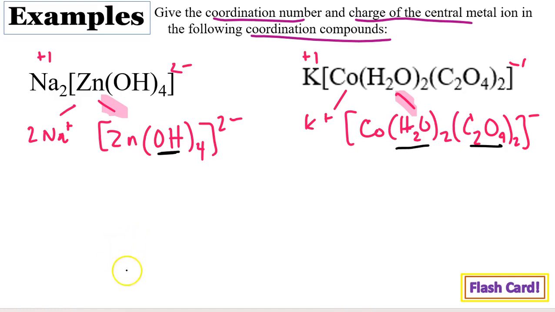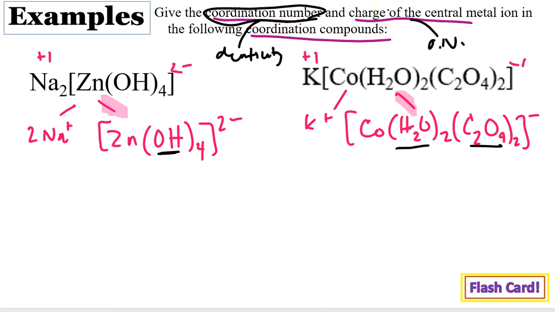So what information do we need about the ligands? We need to know their denticity, how they bond to the central metal ion, and we also need to know their charge for the oxidation number. So if we get our denticity, we can get the coordination number. And if we get the charge, we can get our oxidation number, again, of these different ligands.